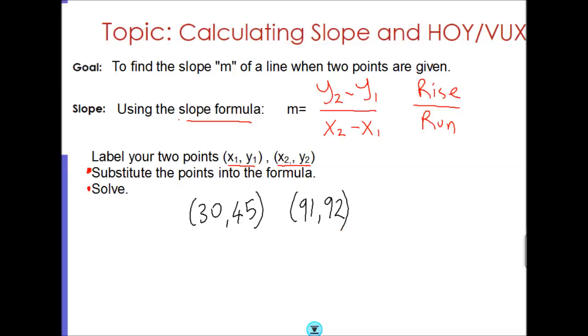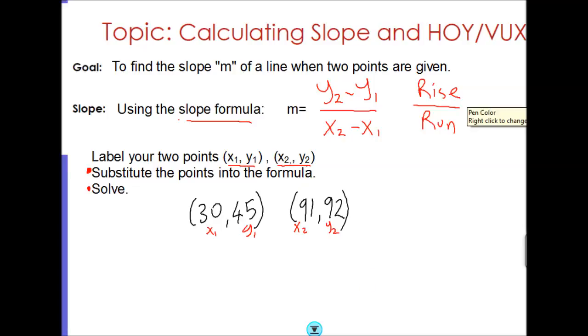I will have to label each of them x1, y1, x2, y2, and to use a graph you will have to have a huge graph. To find the slope, you will have to rely on a very large graph, and you may not be able to find accurate points to calculate your rise over run visually. That's one of the reasons why we learn how to find the slope algebraically.